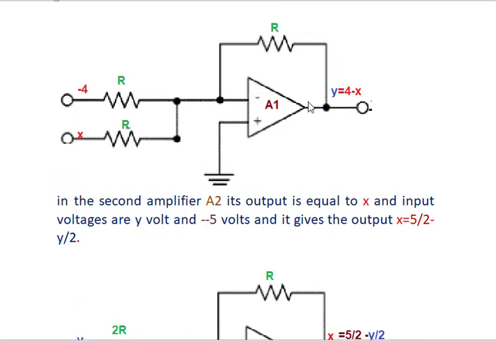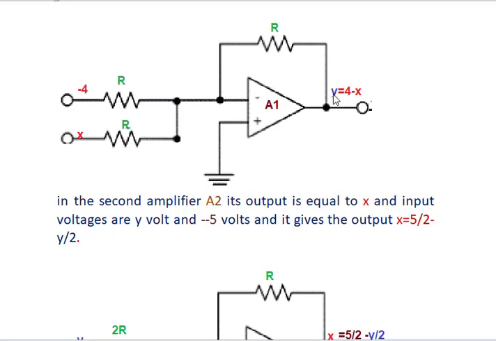This is the feedback resistor, and the two resistors are input resistors. The first summing amplifier output is Y and input voltages are minus 4 and X. So minus 4 and X are applied here, so it gives the output Y equal to 4 minus X.